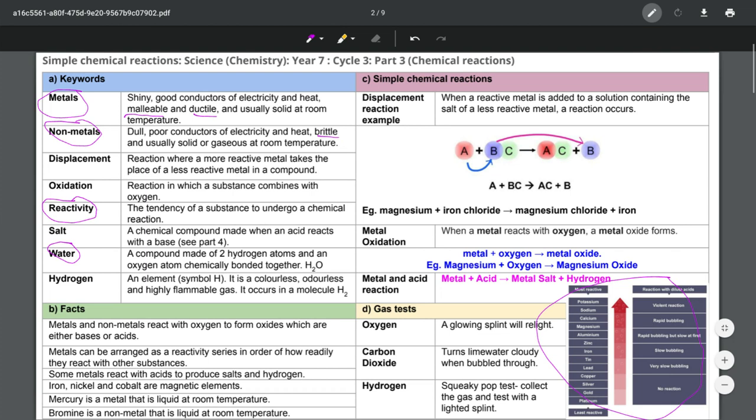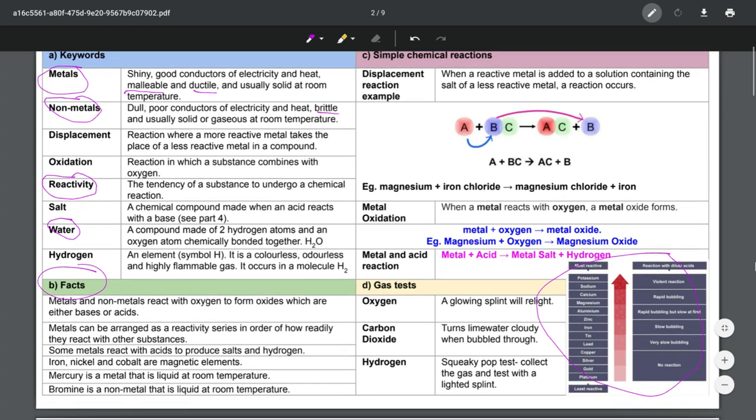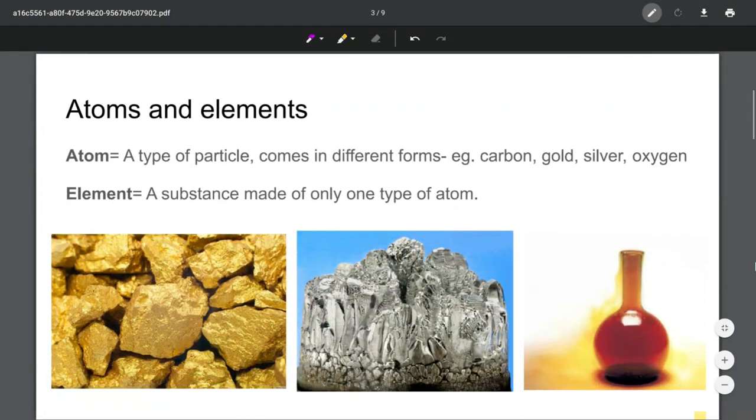It would be a really good idea today if you start to at least learn the definitions for these 4 that I've circled on the left, and it might also be a good idea to learn some of these facts at the bottom. Okay, so learn the facts as well. So you might want to do some self-quizzing or just some form of learning of these as part of your task later.